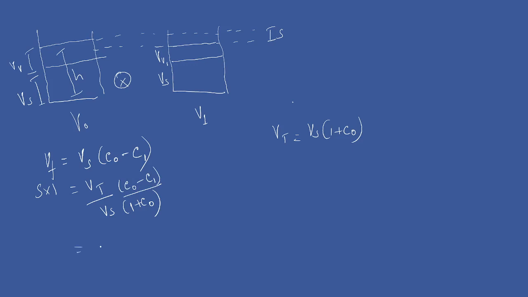Now the total volume can be given as H into 1, again considering a unit dimension into the plane of the paper. And this is the Vt by Vs we have, V final. We have Vs here also, so it will get cancelled out.